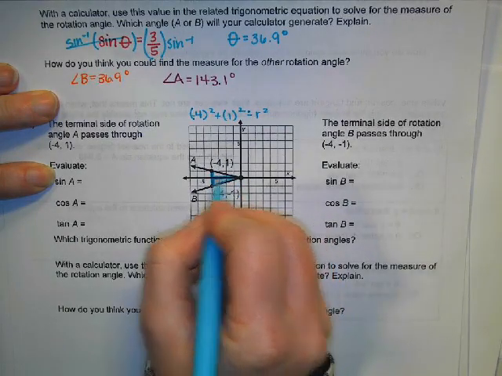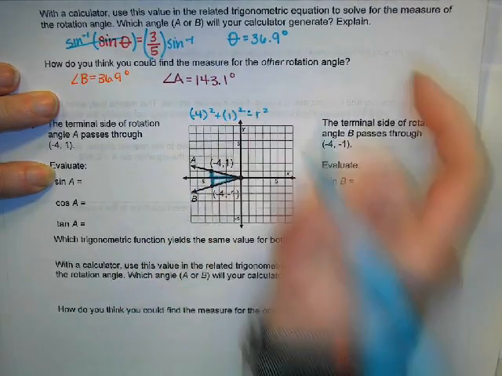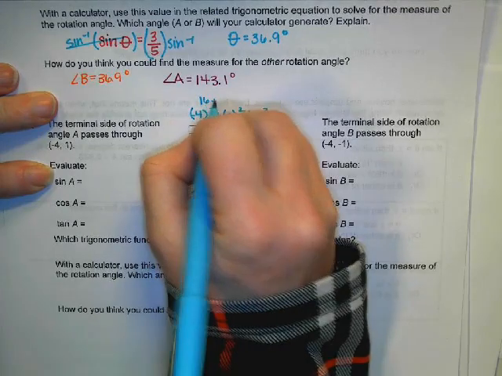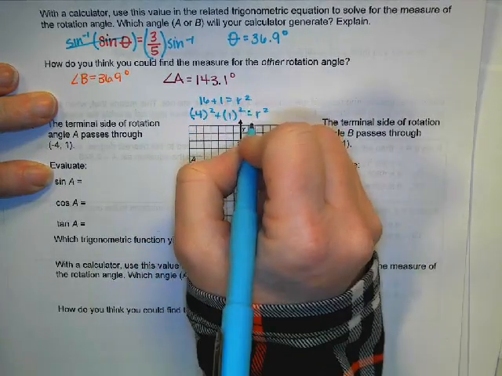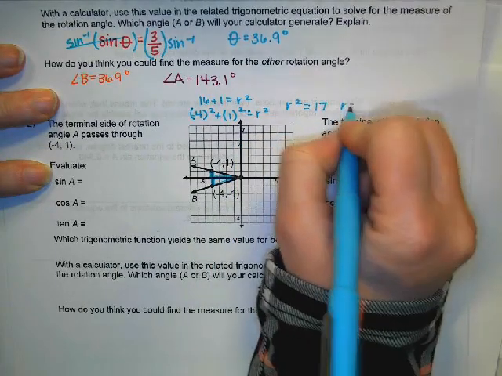So that's 4 and that's 1, the legs of my triangle, so the hypotenuse is a squared plus b squared equals c squared. 4 squared plus 1 squared is 16 plus 1 equals r squared. So r squared equals 17, so r equals the square root of 17.